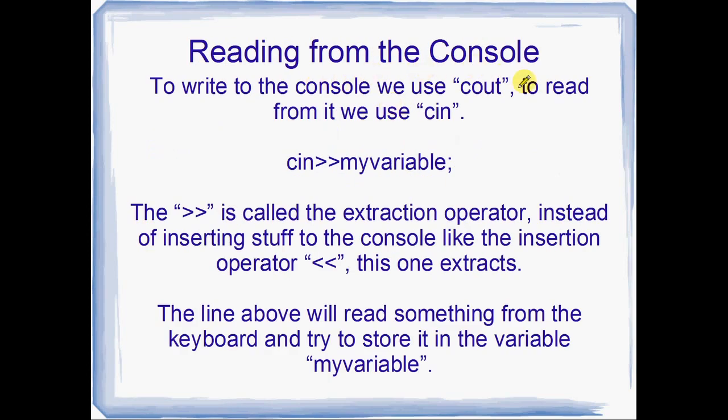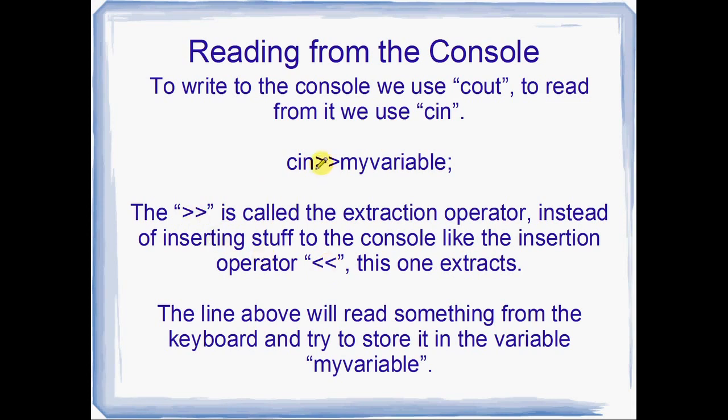Okay, so reading stuff from the console is pretty easy. To write to the console we use cout, and to read from the console we use cin. We also use the extraction operator, which is two greater than symbols, no space in between, as opposed to the insertion operator, which is two less than symbols.